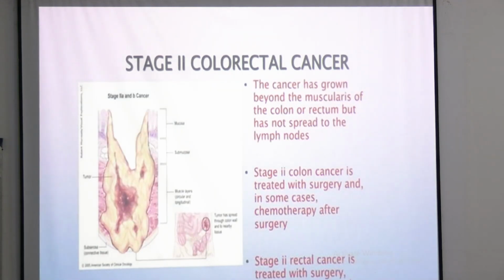Then stage 2, it has spread beyond the muscularis propria, but it has not crossed the serosa, and it is treated with surgery and chemotherapy. And if lymph nodes are present, then you have to give radiotherapy also.